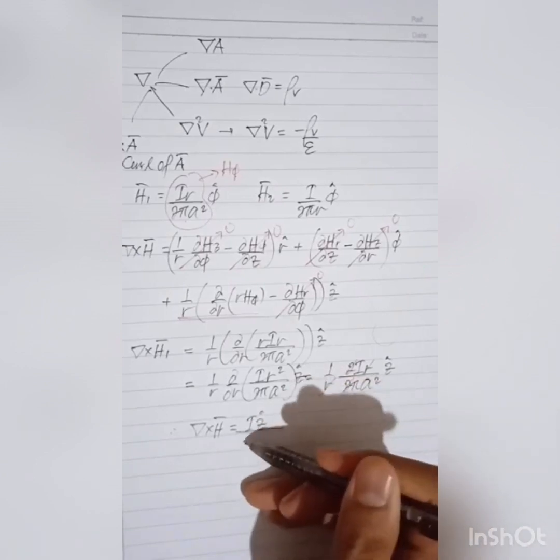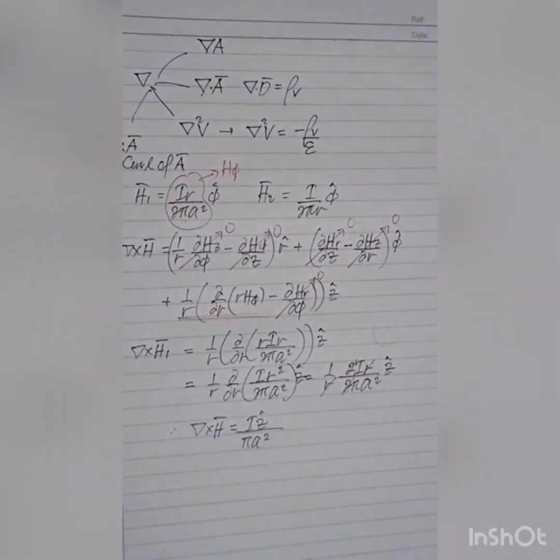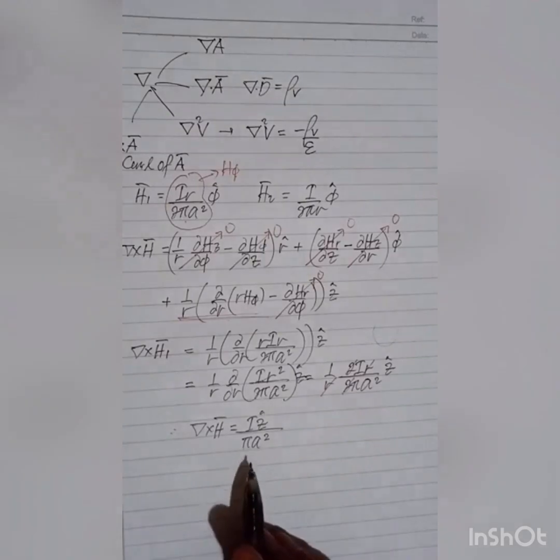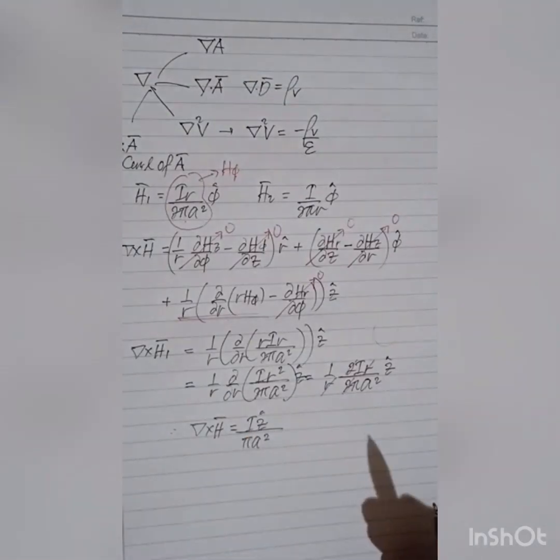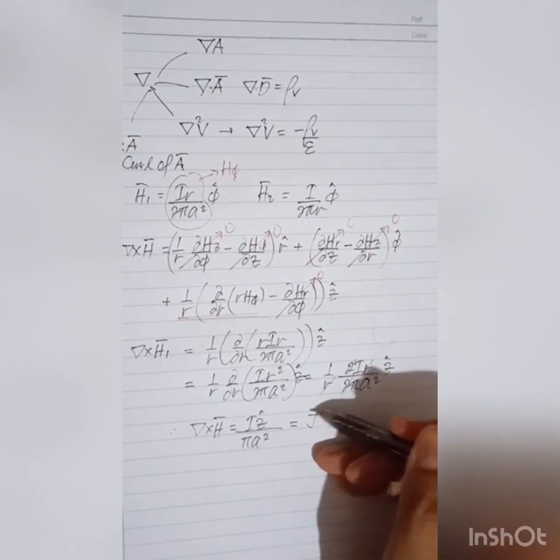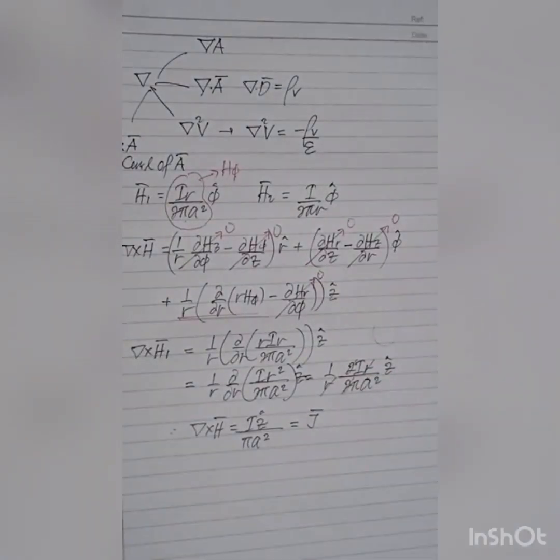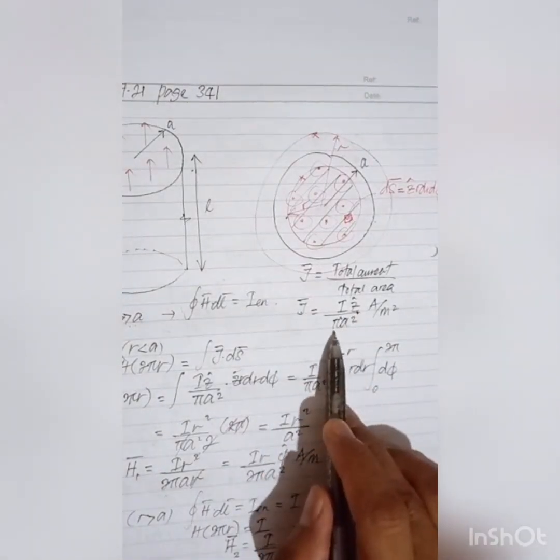So now we can simply put this equation: curl of H is equal to I in the z component over pi a squared. Alright guys, if you see closely, this equation represents our volume current density, isn't it? So we can simply change it to J, right? From here, you see J is equal to I z over pi a squared.